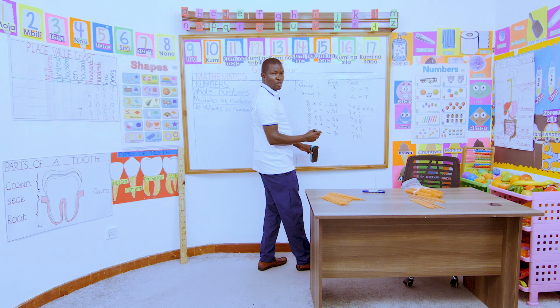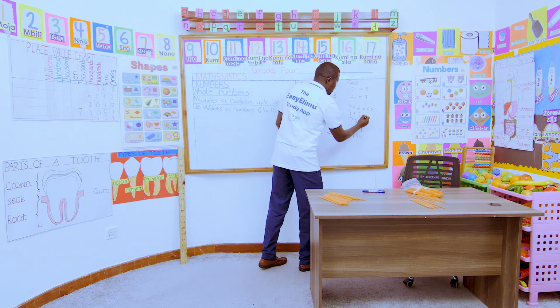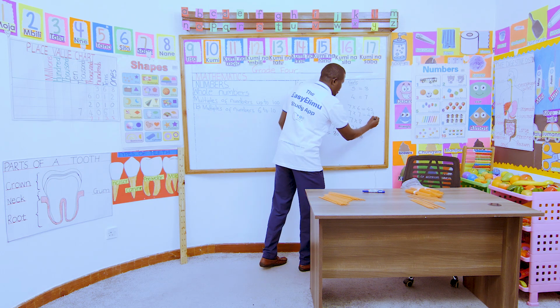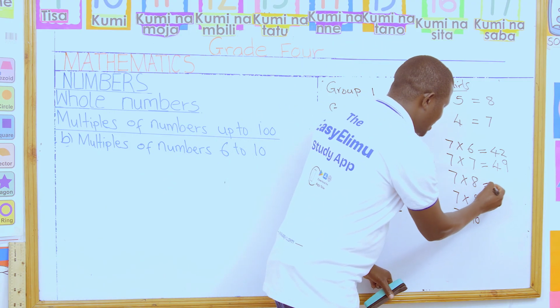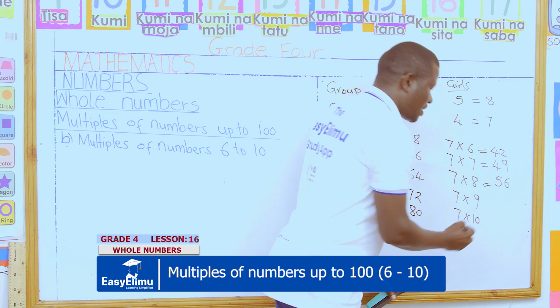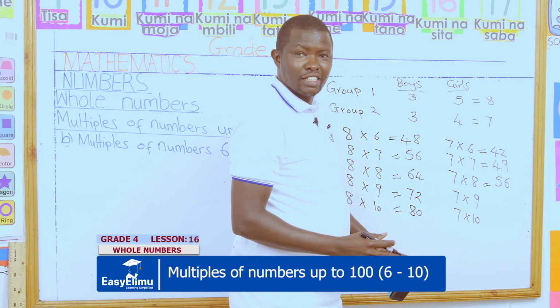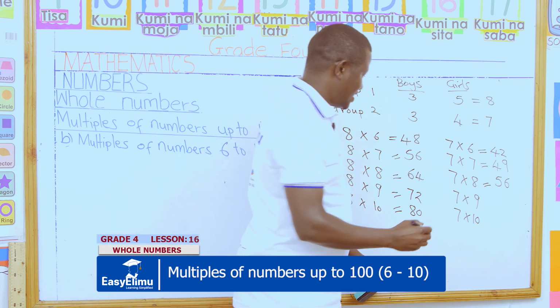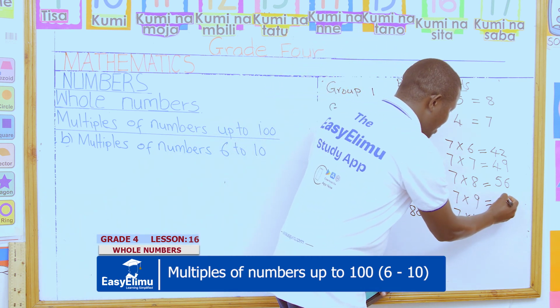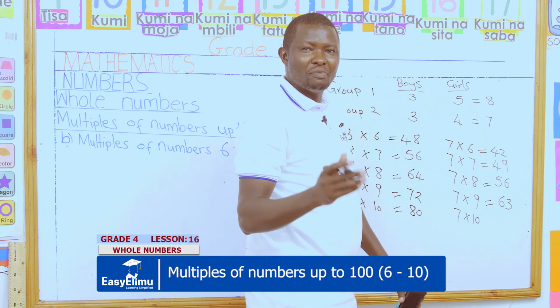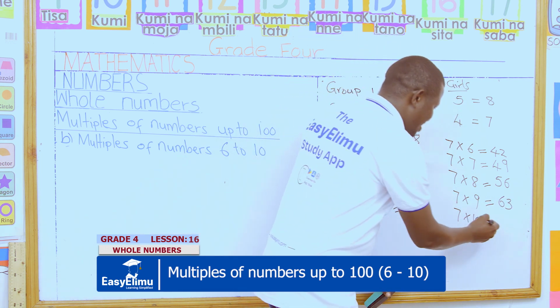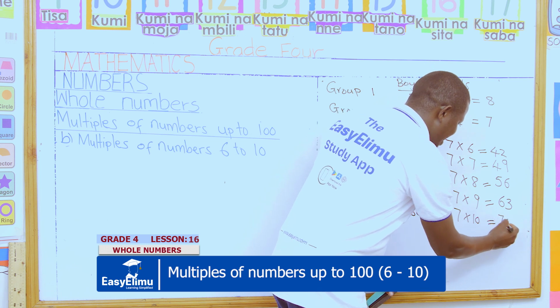The second one from you, John, this is 49. The third one from Tom, this is 56. The fourth one from Victor, this is 63. And the last one from Wangari, which is 70.